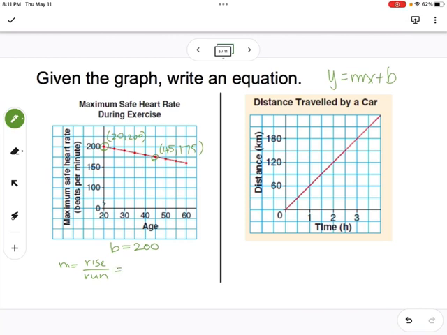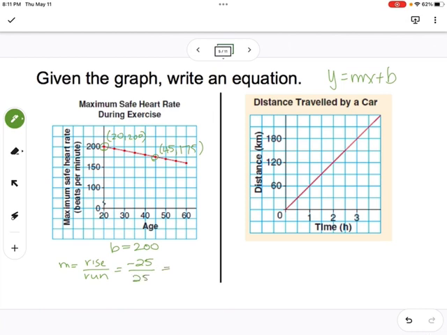So the rise over run here: the rise, it's going down from 200 to 175, so that means it's going down 25. We'll put a minus 25. Our run is how much it goes over to the right by. Going from 20 to 45, that's going over 25.